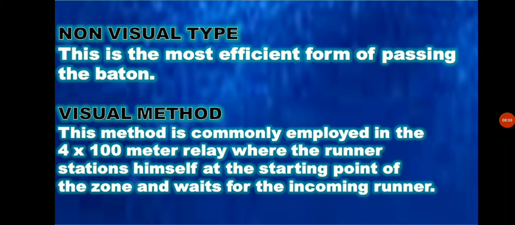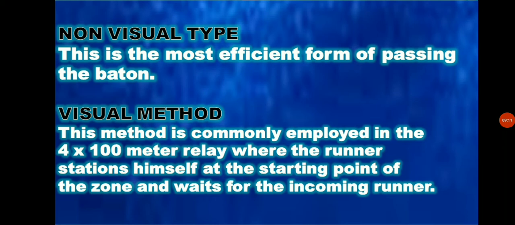He must get the baton about 2 meters before the end of the zone, then continues sprinting until he gives it to the next runner. If the passer uses his left hand to pass, the receiver uses his right hand to receive the baton.